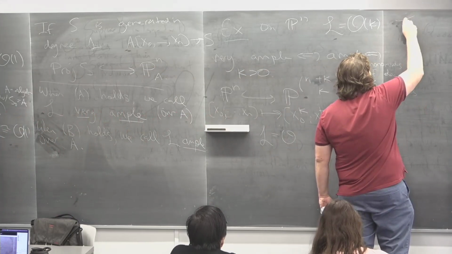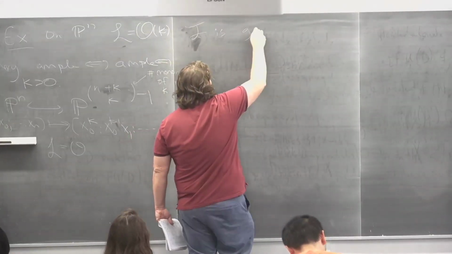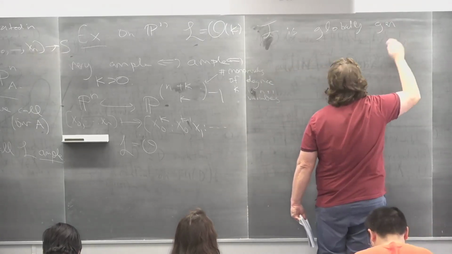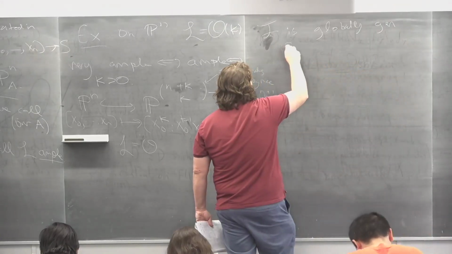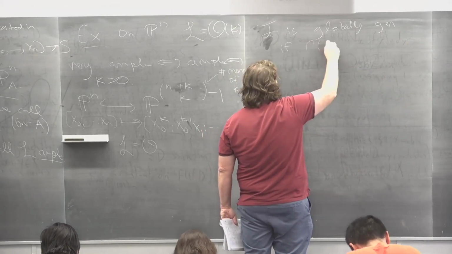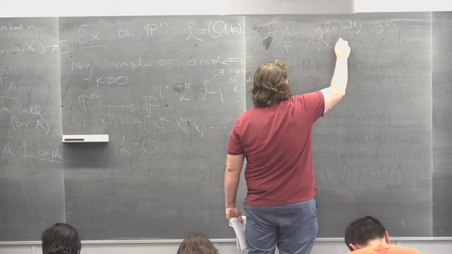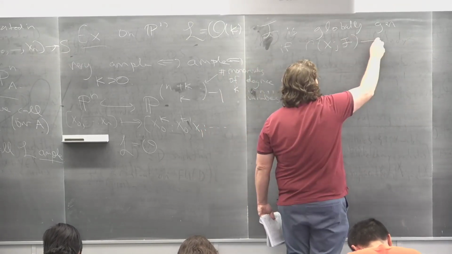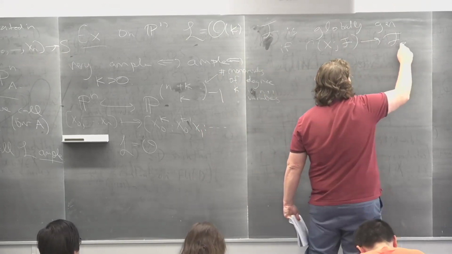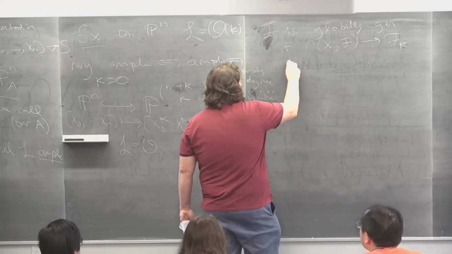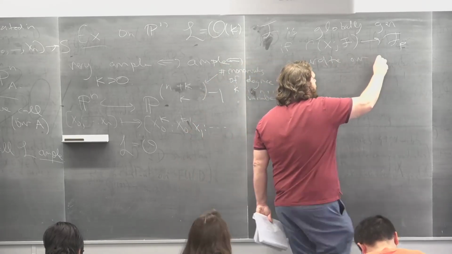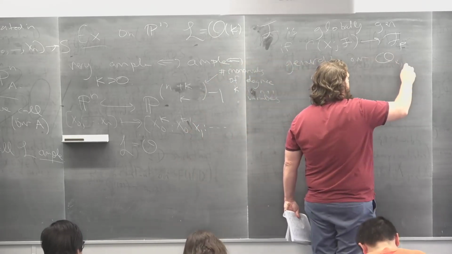We say that a coherent sheaf F is globally generated if the sections of F over the whole space, when I map those to the stalk at a given point, generate it over the local ring at that point.